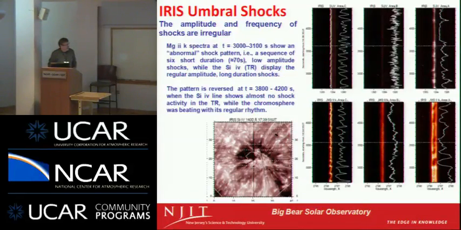What we have on the left is variations of the spectral lines, silicon IV and magnesium, as a function of time. This is about 30 minutes of observations. And this location is somewhere above the sunspot, near the center of the umbra.